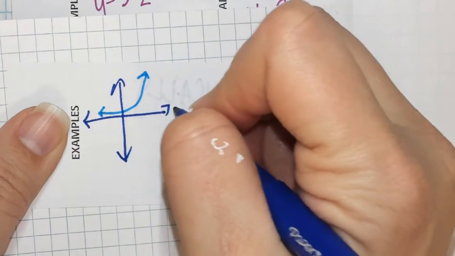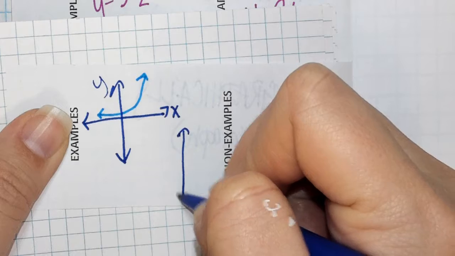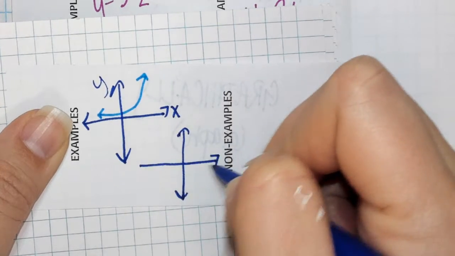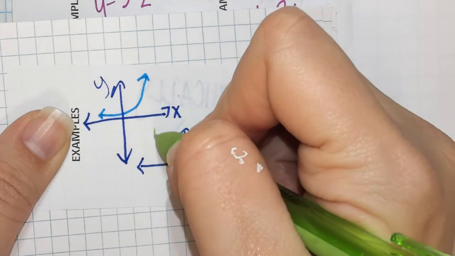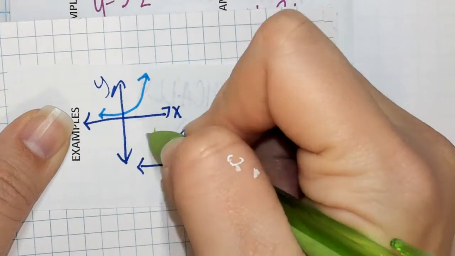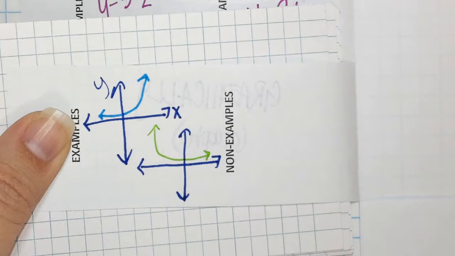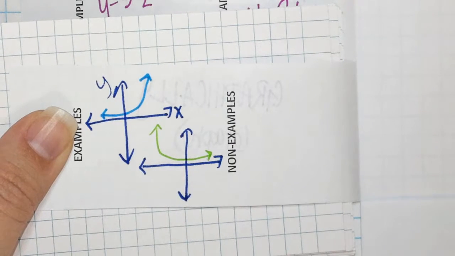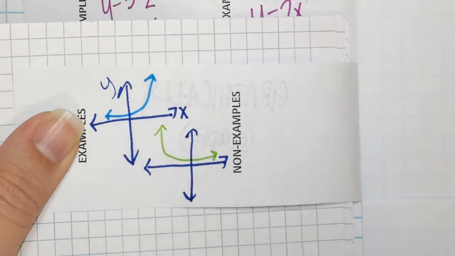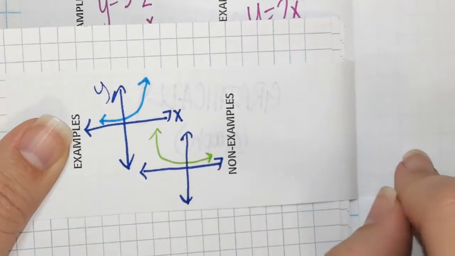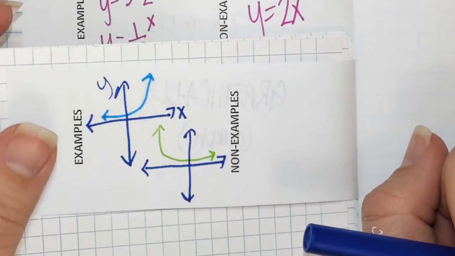Isn't it magic? What is that one going to be called? A decay or decrease. Good, because it is getting smaller. And it never touches the x-axis unless you have like a +1 or something out there that shifts it. So do not let it touch the x-axis because it never gets to 0.